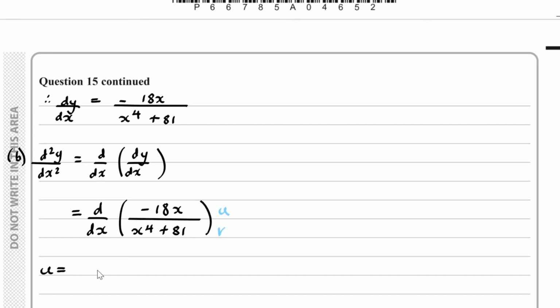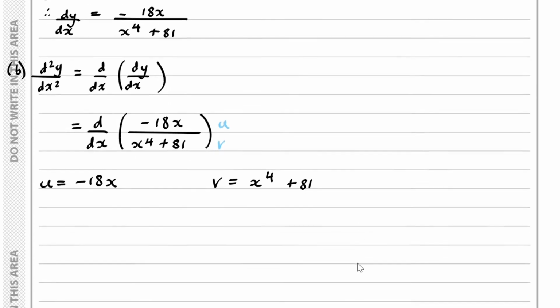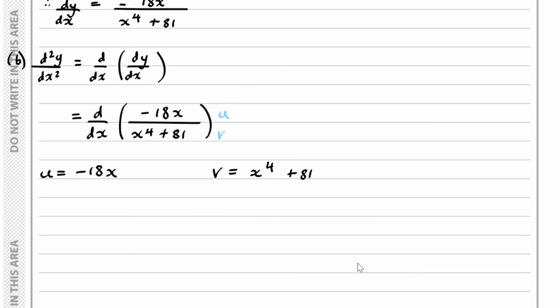So U is equal to minus 18x. V is equal to x to the 4 plus 81. Now U dash is equal to minus 18. V dash is equal to 4x cubed.